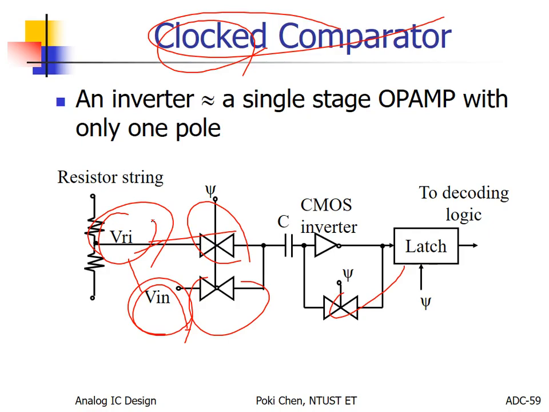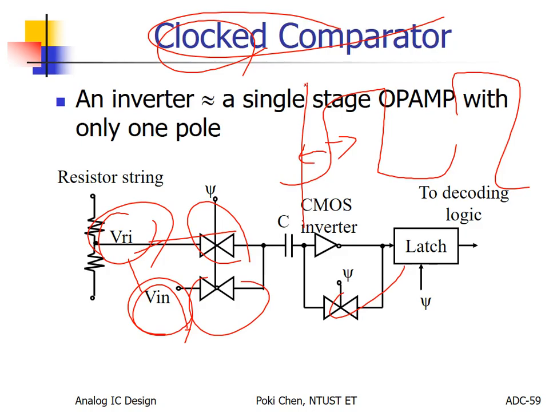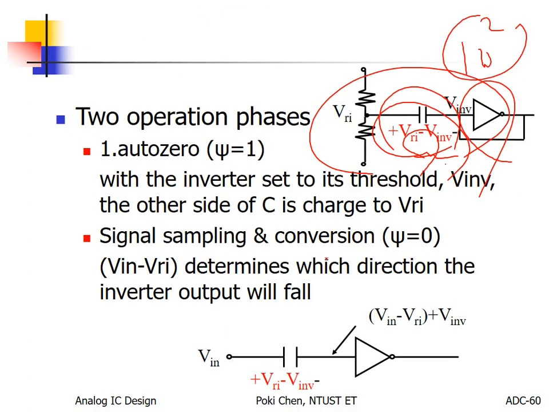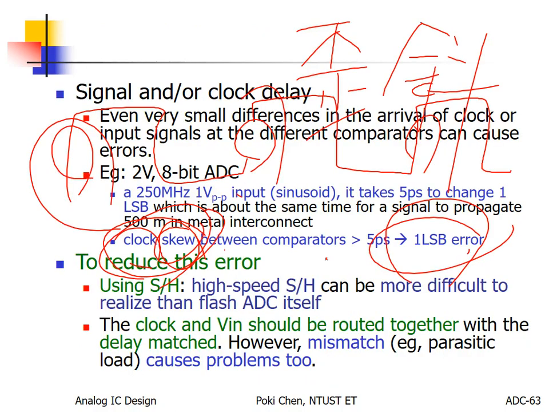So if the clock doesn't behave like what you think, if it is delayed a little bit or arrives earlier, you will get the wrong sample because Vin is not DC. Vin is still changing. You get the sample here, you get the sample there, you will get some kind of voltage difference. Then you will cause some error.